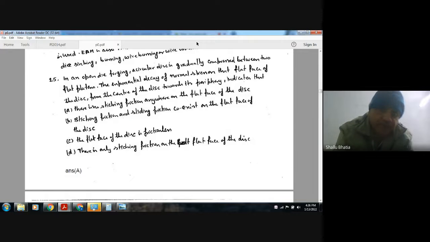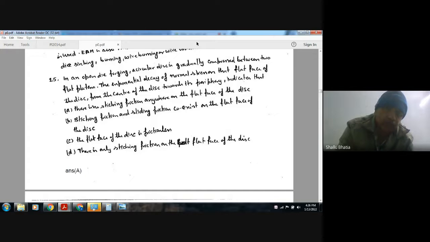The exponential decay of normal stress on the flat face of the disk from the center of the disk toward its periphery indicates that: A, there is no sticking friction anywhere on the flat face of the disk; B, sticking friction and sliding friction coexist on the flat face of the disk; C, flat face of the disk is frictionless; D, there is no sliding friction on the flat face of the disk.